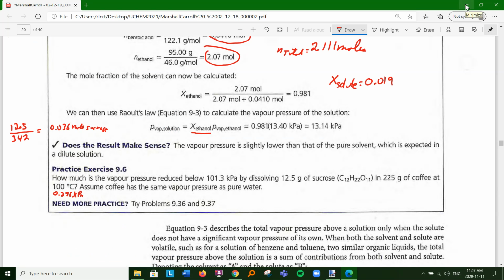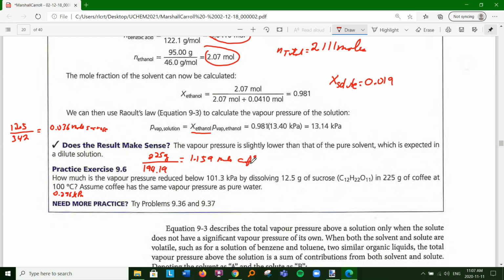Okay, so let's see. We've got 12.5 grams of sucrose and 225 grams of coffee. So for the coffee, I'm going to take 225 grams divided by the molar mass of coffee, which I just wrote down, 194.19. 225 divided by 194.19, and I get 1.159 moles of coffee.